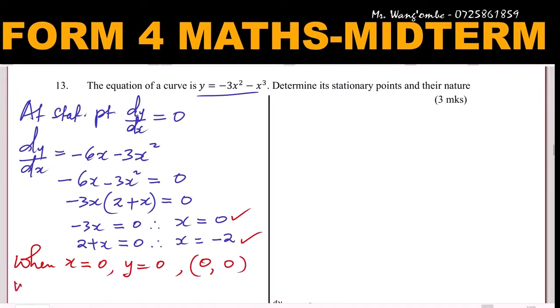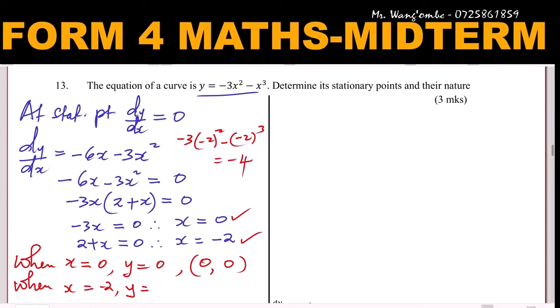Then the second one: when x equals negative 2, what will be y? You simply need to substitute. So negative 3 times negative 2 squared minus negative 2 cubed. This will give negative 4.